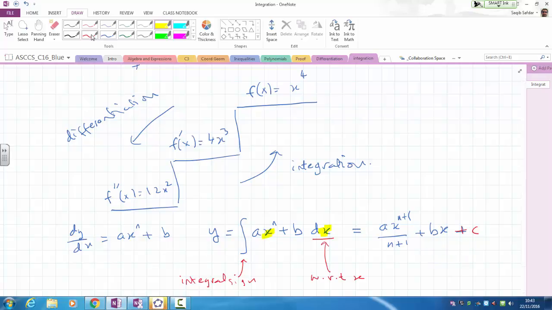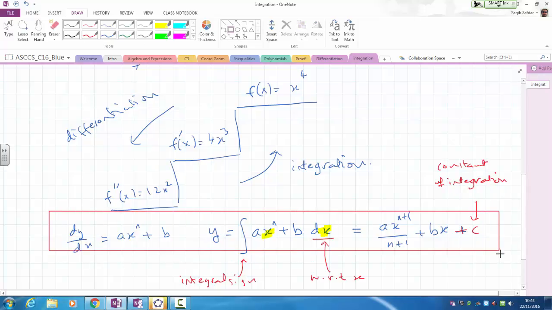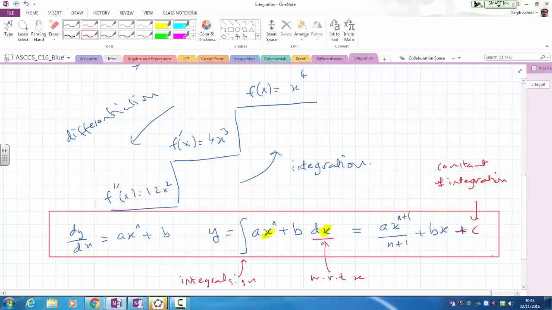And this part here is also quite important. This is called the constant of integration. And let's put that in a box. So this is quite an important line you need to copy down. And that tells you how to integrate.